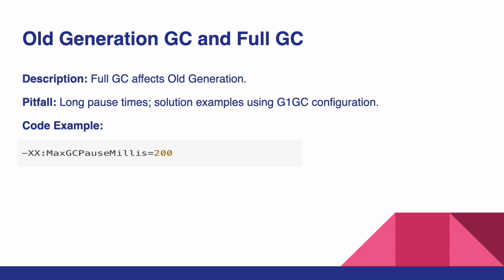This setting is especially useful in applications where response time is critical, like e-commerce or financial applications. By carefully tuning these parameters, we can strike the right balance between memory use and application responsiveness.